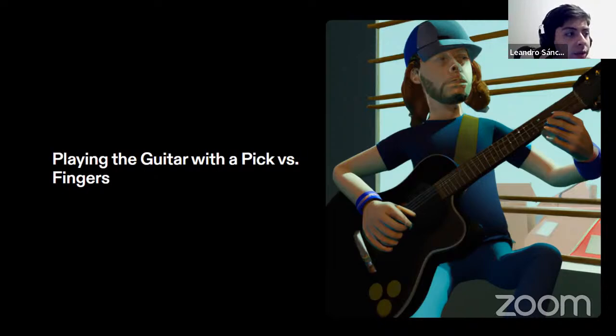And there is a debate among guitarists about the use of a pick or playing with fingers. In this presentation, I will show you the advantages and disadvantages of each technique.